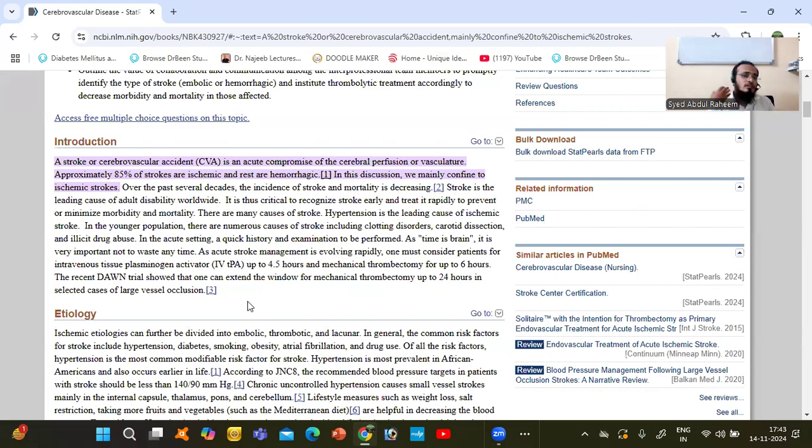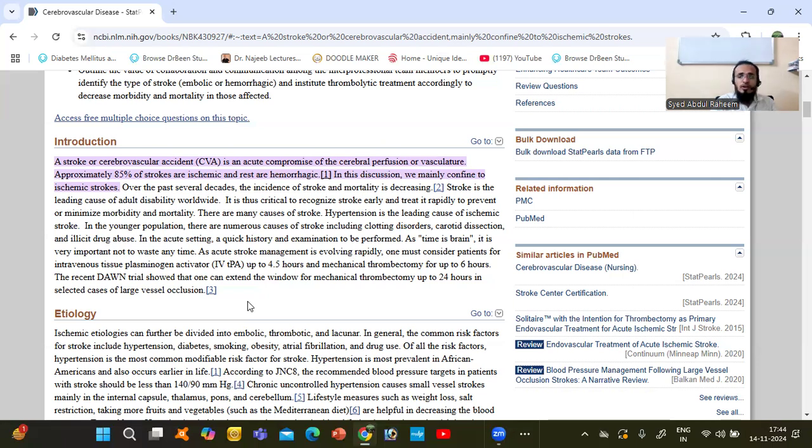Next is the carotid artery. Okay, that is a reason behind it, and drug abuse. Okay, so the cause may be anything, but whenever the stroke occurs, you have the time limits.